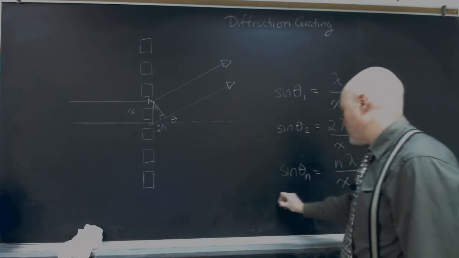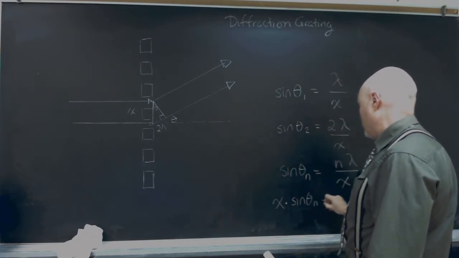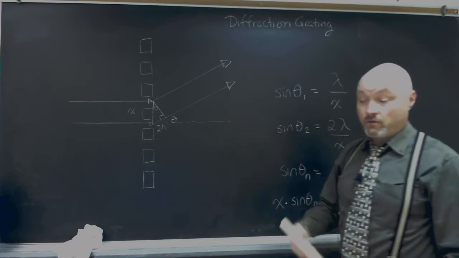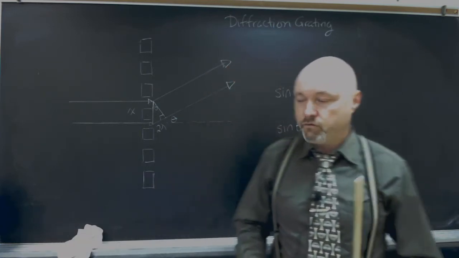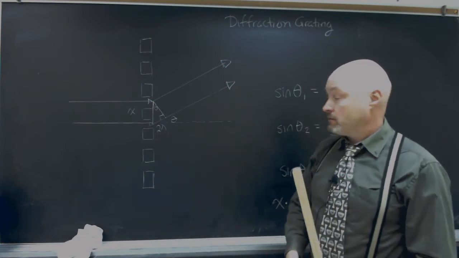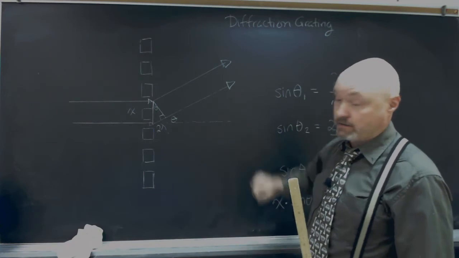And if you like, you can say x times sine of angle n equals n times lambda. And so that's how we derive the equation. Once again, you're into that same old thing. How many wavelengths difference is the path? And this is our final diffraction interference effect that we're examining.